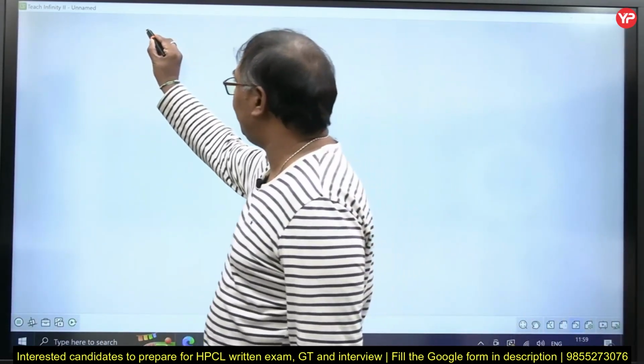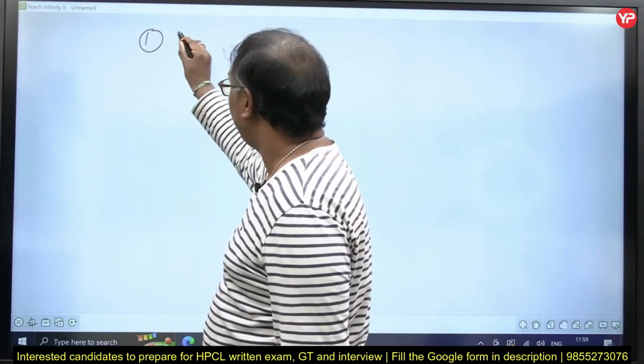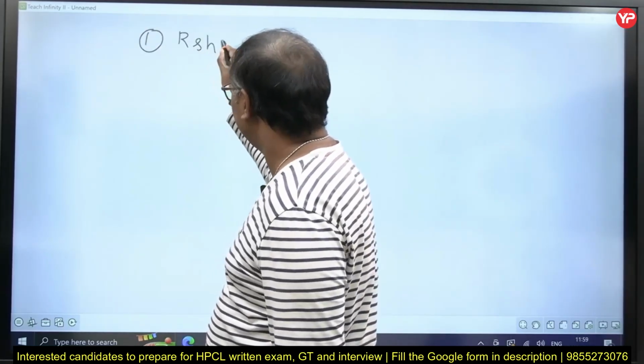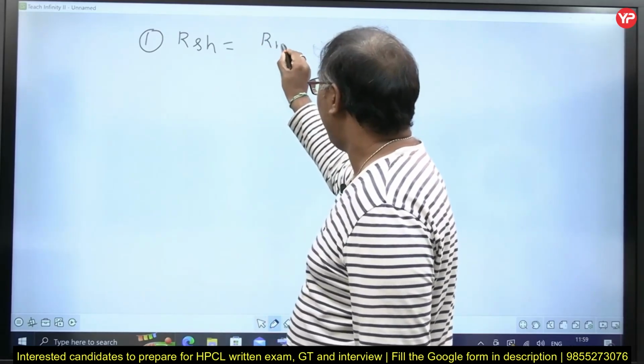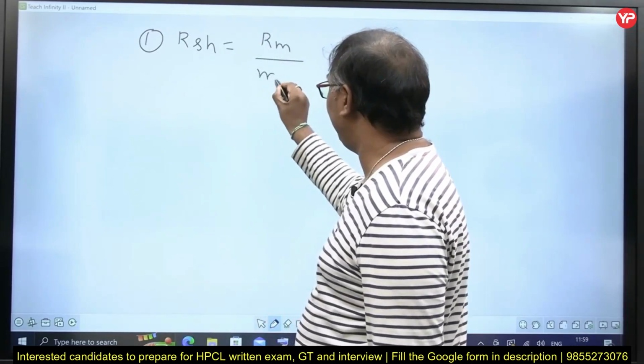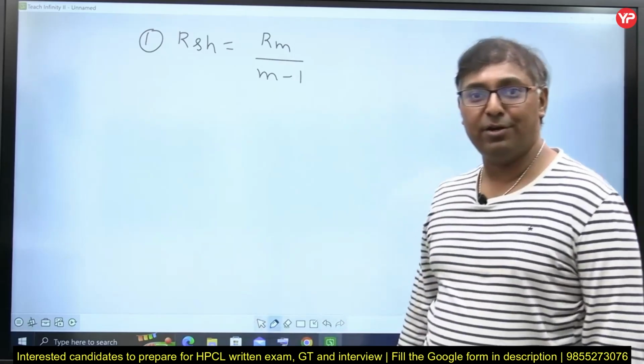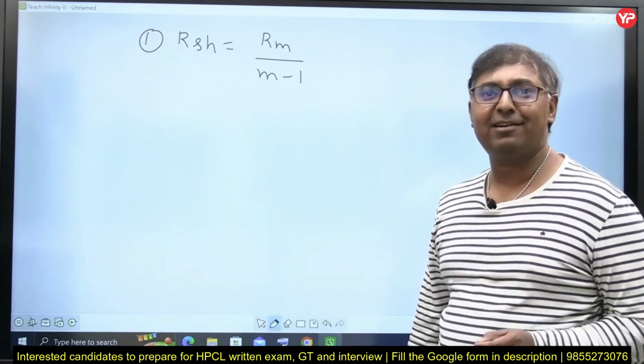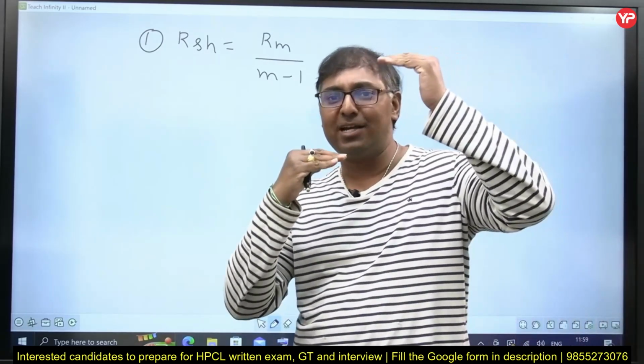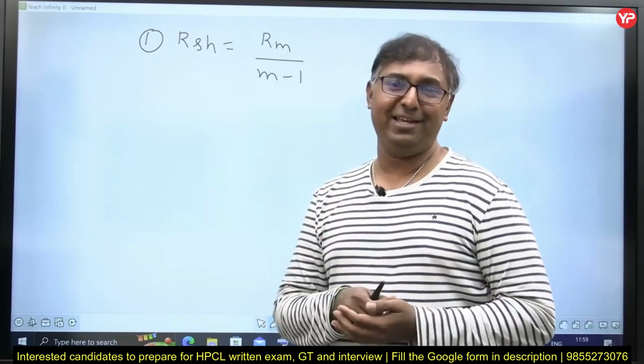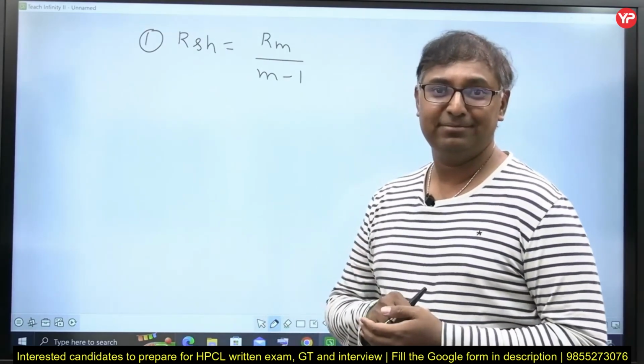The very first formula we have derived is RSH equals RM by M minus 1. So no rocket science here: just two resistors connected in parallel. We equated the voltages and got the required value.